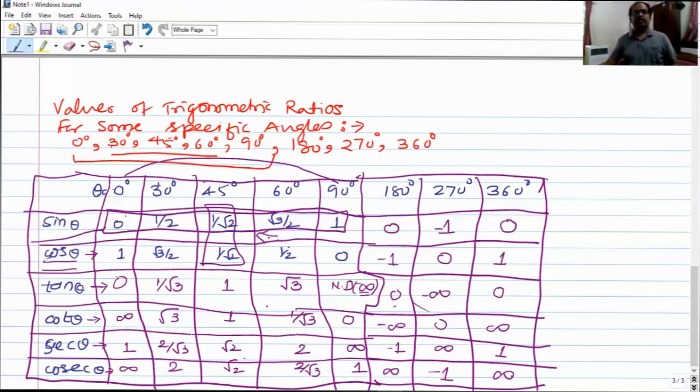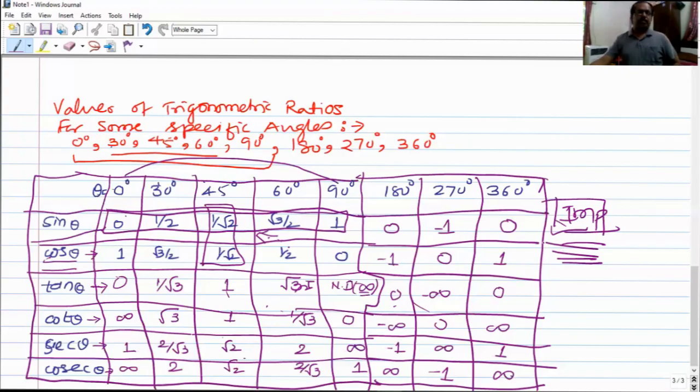I hope everyone has understood this part. You can keep it in mind, or practice to reproduce this table, because it is very important to solve the examples.